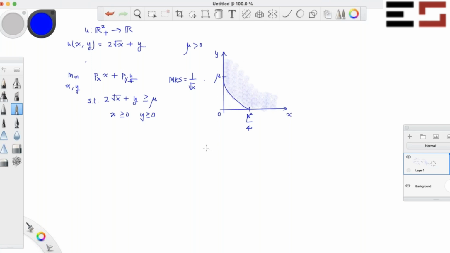Okay, so notice that no matter what the prices are, this will never be the optimal choice. The reason is because no matter what the prices are, part of the iso-expenditure curve will always be in this region.